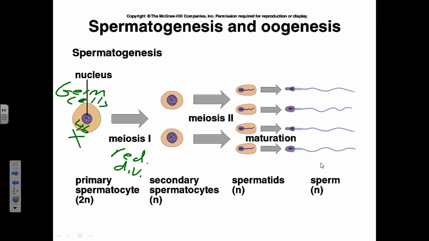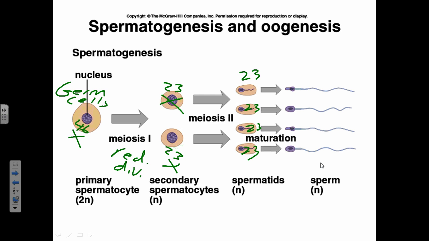So these 2 cells are going to have 23 chromosomes each, but they're still X-shaped. They haven't divided yet. Meiosis 2's job is to take these X's and divide them. So this goes through meiosis 2, and this one goes through meiosis 2. We end up with 4 cells. These still have 23 chromosomes each.